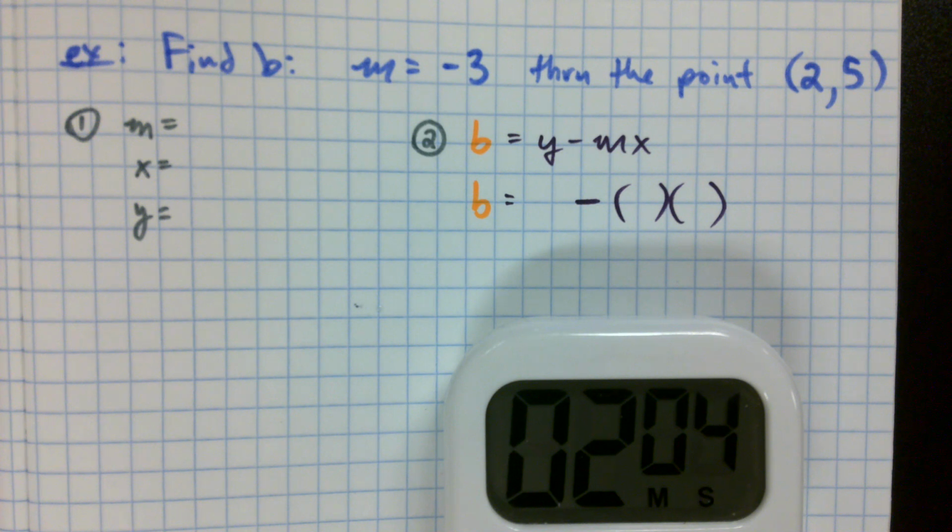Is it 2 or is it 5? Positive 10 minus -3, right? 2. There you go. So x is equal to 2. What's y going to be? So just follow the same pattern. Y minus mx equals 5 minus -3 times 2.